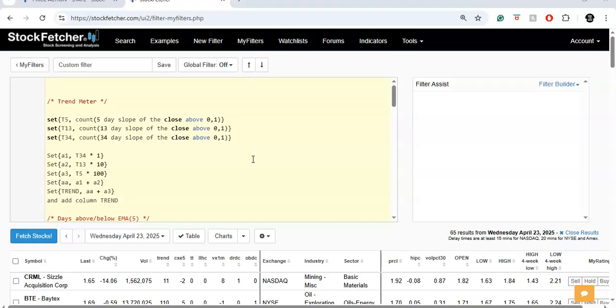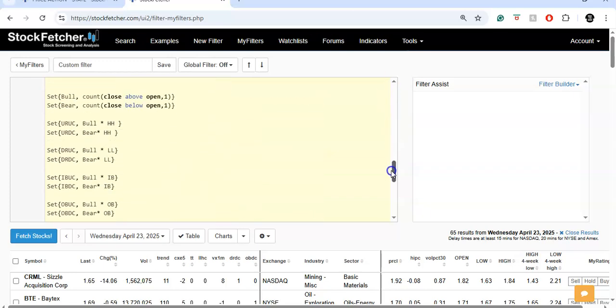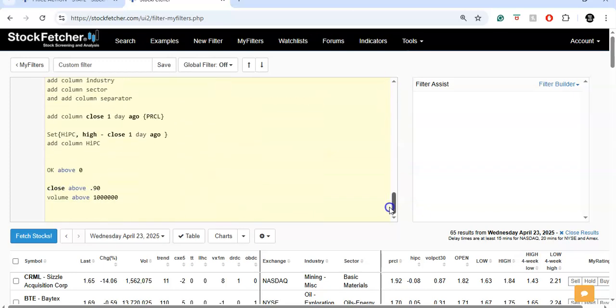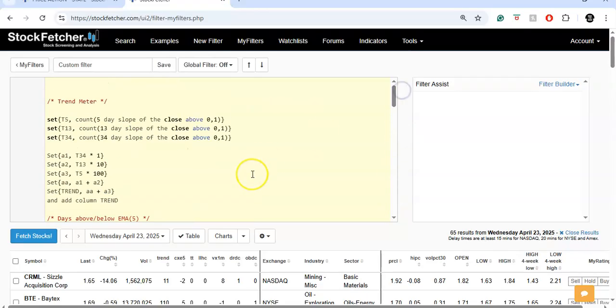So let's talk some stock trading, basically stock fetcher filters. I've been working on the price action filter that I had devised, and then found out that there was some work done, I believe, by Larry Williams on it too.